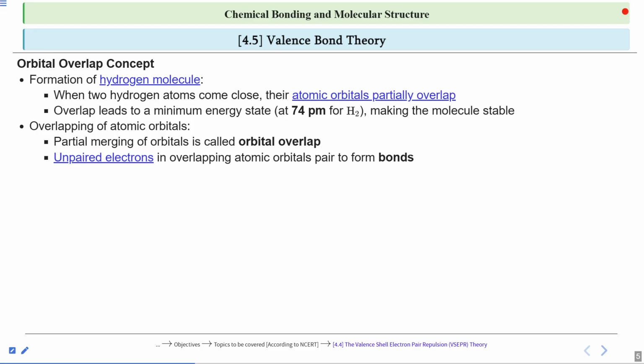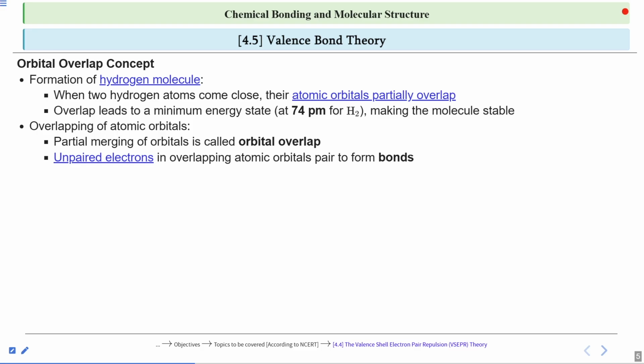Now, what is happening inside the orbital? Basically, we take two orbitals which have one electron each.